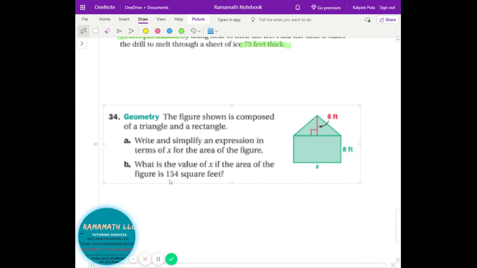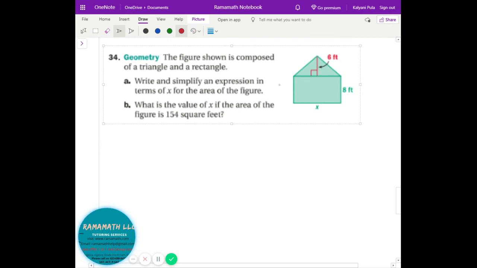Now let's look into an application problem with geometry in it. There is a rectangle and a triangle here. Write a simplified expression, in terms of x, for the area of the figure. To find the area, we need the area of the rectangle plus the area of the triangle. Combine them and you can get the answer.